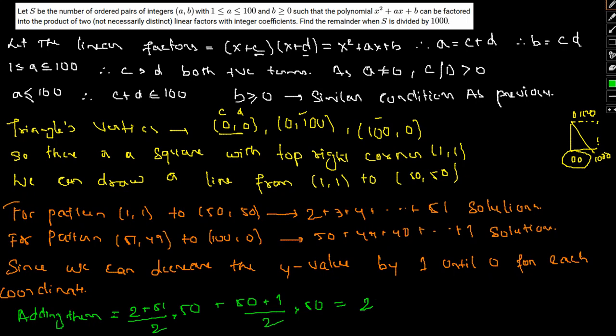This in turn gives us 2600, which if we divide by 1000 gives us the remainder 600. So this is our solution.